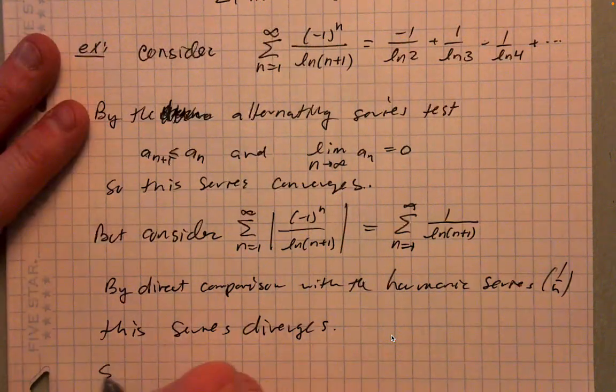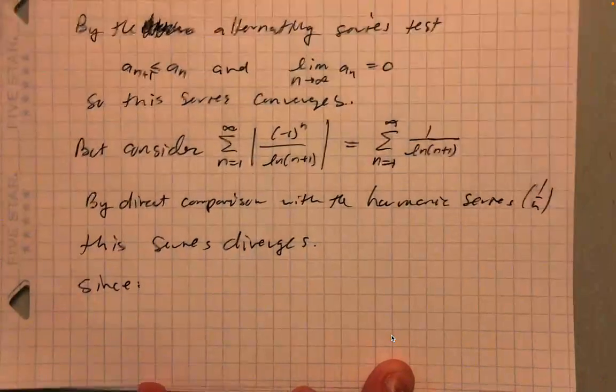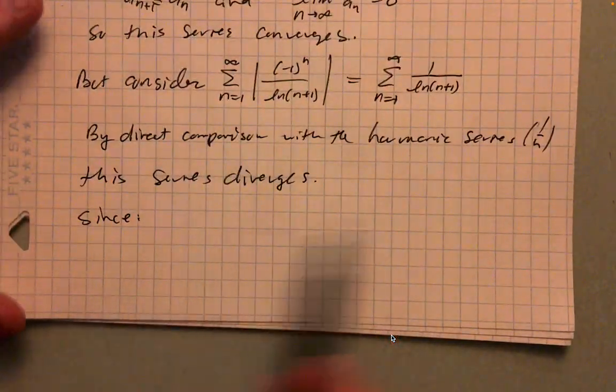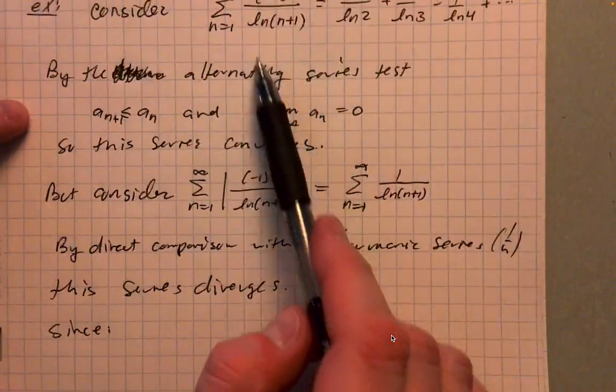So the punchline of all this is that the details aren't what we care about in this example. What we care about is the fact that this is going to be a conditionally convergent series.